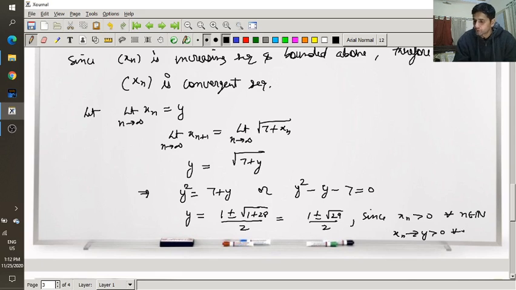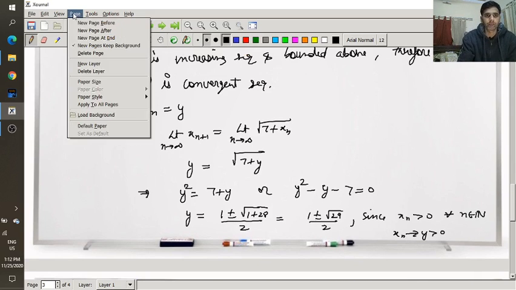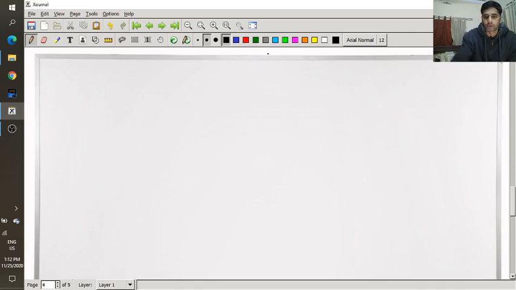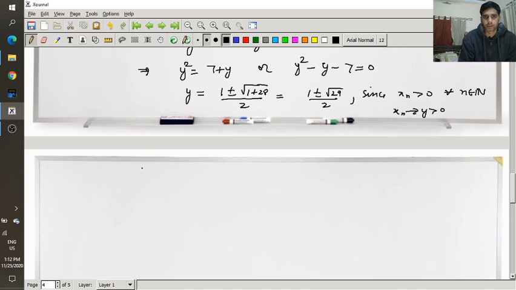So y is also greater than 0. If I neglect the negative term, then since y is positive, y equals 1 plus root 29 divided by 2.